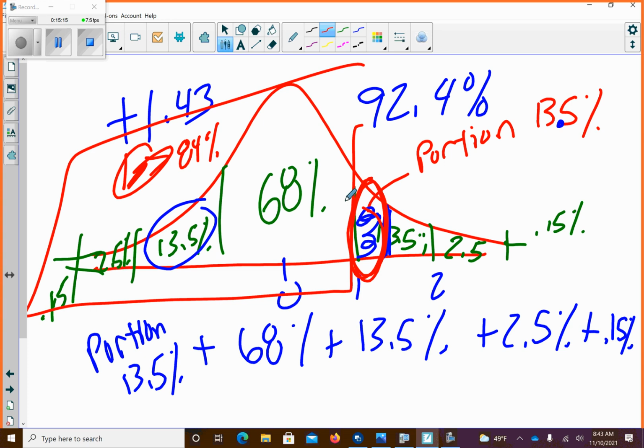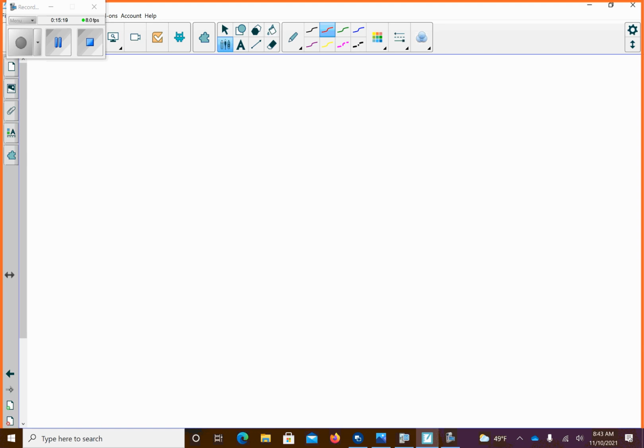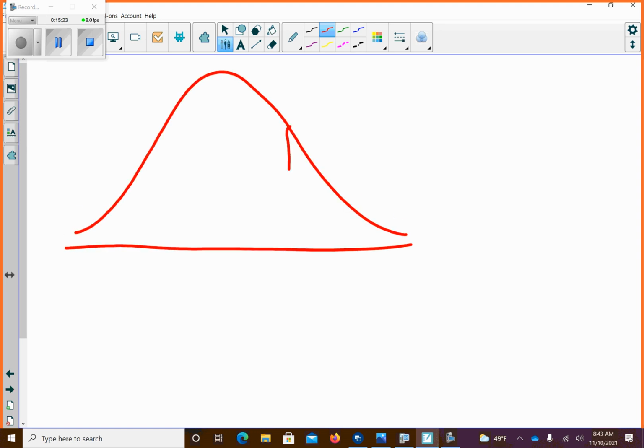We're at 1.43. So if you just zoom in on that little area, we have our normal curve. If we're talking about this area here, that is 13.5%. And if this is 1 and this is 2 as far as standard deviations, we get to 1.43.